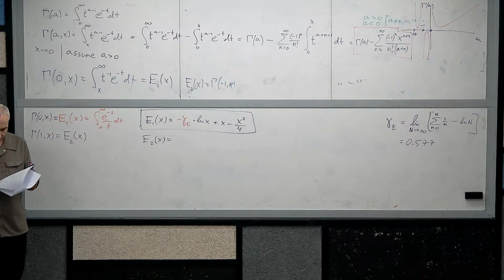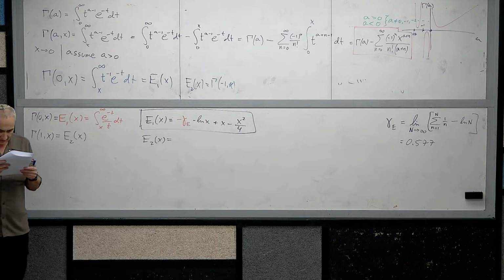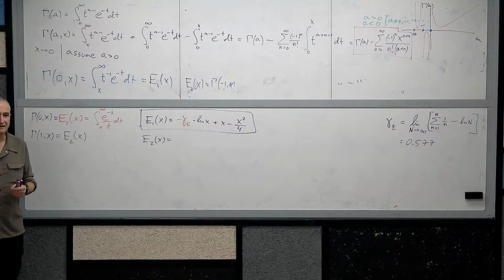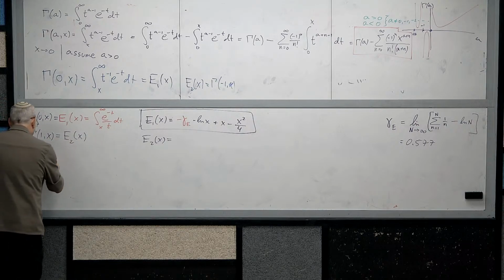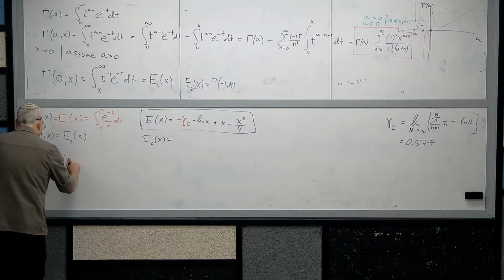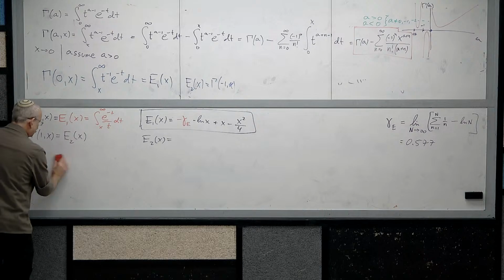Okay, let me write the function in all its glory, and we will derive it. You will tell me how to derive the specific one. So E n plus 1 of x, right, is maybe I can do the same trick. Should I? Yes. Okay.